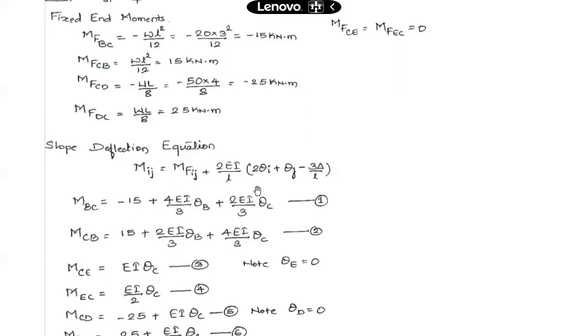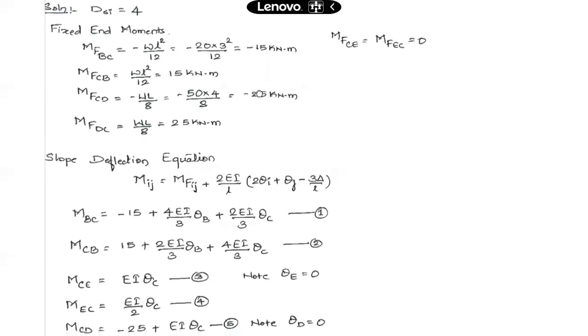And what about these terms? These are the displacements, the rotations and any settlement, if they are taking place, which have to be substituted in this bracket. We don't know what theta B and theta C are. They are the unknowns for us. We need to determine them, so they are kept as unknowns theta B and theta C. Now delta, we don't have any settlement given between B and C. There is no settlement taking place, so this delta term will turn out to be 0 here.